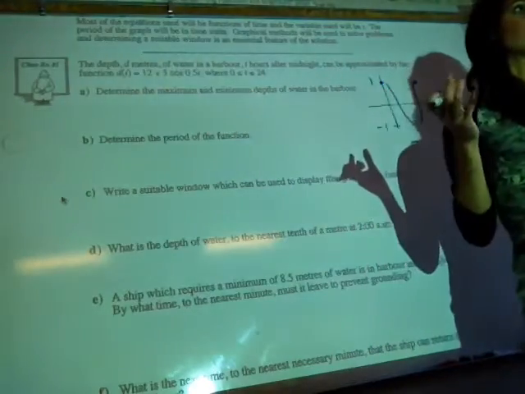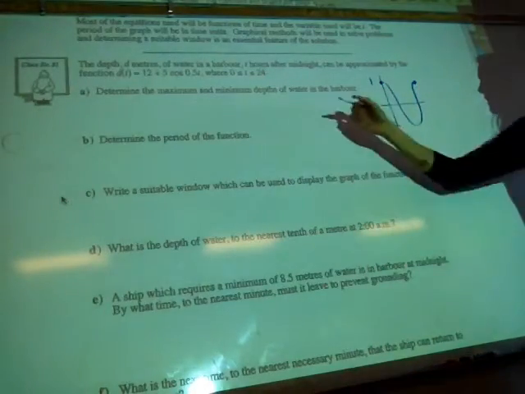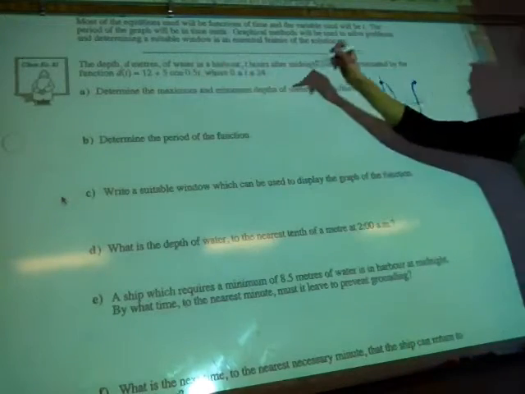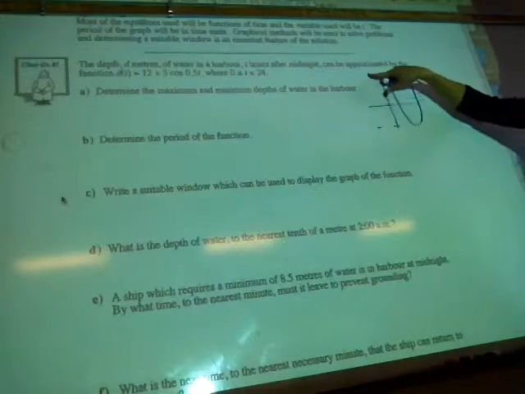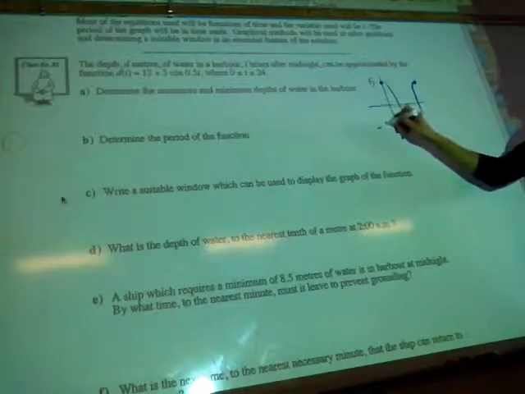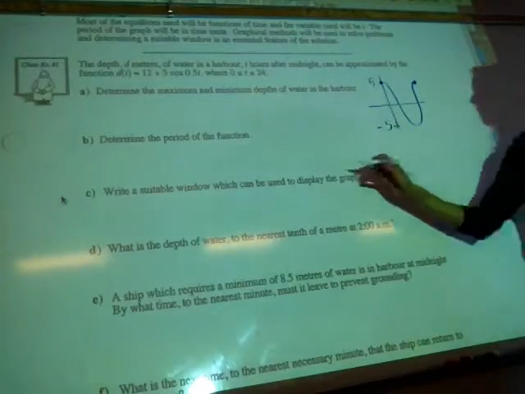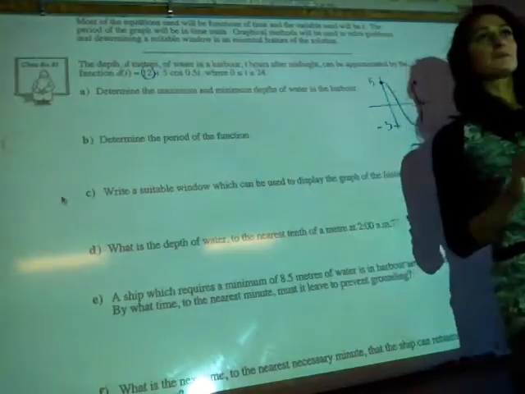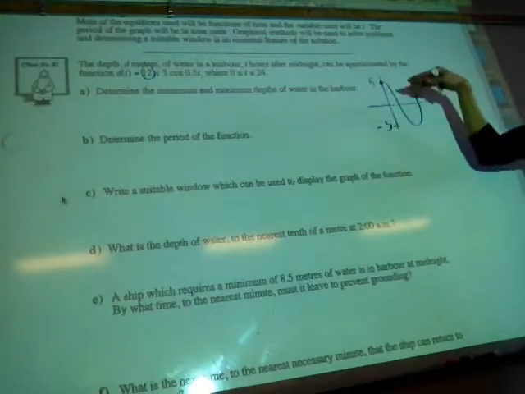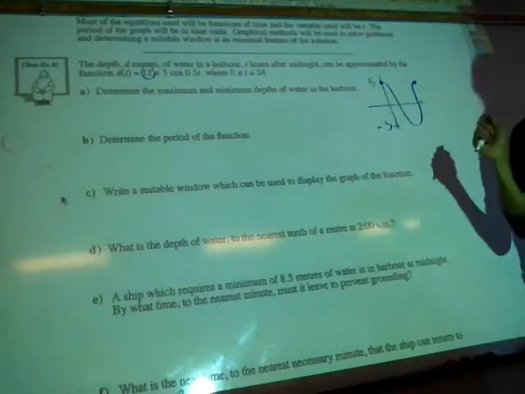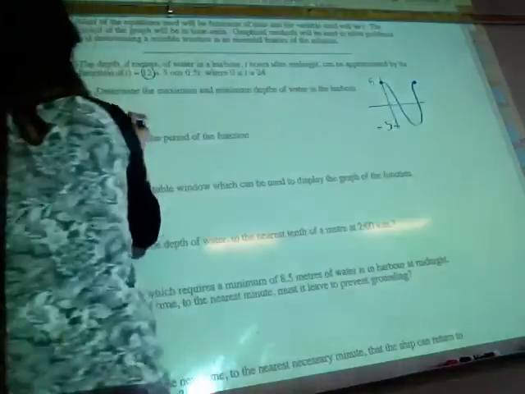That's basically our vertical stretch factor. So if I were to have a vertical stretch factor of 5, our max and our min would now be at 5 and -5. And then what does this plus 12 do? Up 12. We're going up 12. So we would take our minimum and go up 12, and we take our maximum and go up 12. So now we have our max and our min of our graph.